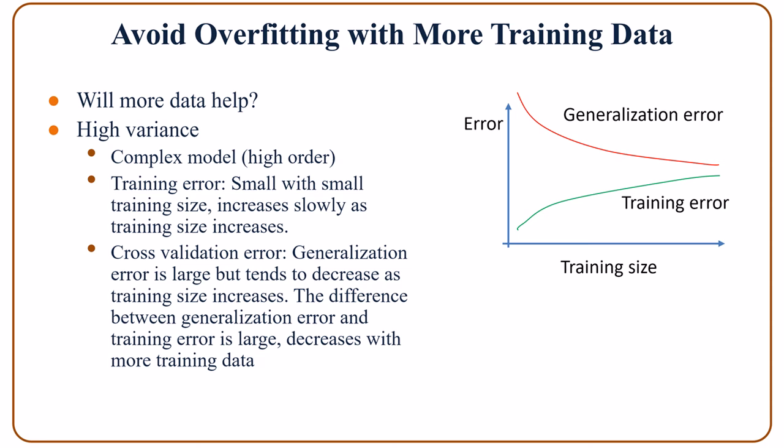The cross-validation error, or also the same thing, generalization error, is large, but then decreases as the training size increases. We can see the big difference between the generalization error and training error, and that difference decreases with more training data. So our conclusion is that in the case of high variance, more training data would help.